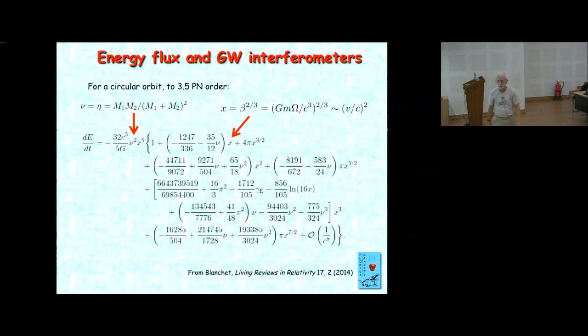So instead of getting a nice in-spiral waveform like this, with just a nice growing chirp, you get a waveform where the envelope is modulated because the orbital plane is going back and forth and back and forth.